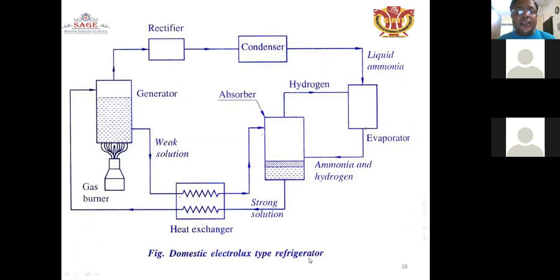There are three scientists who made this system, the Electrolux type of refrigerator, which is used nowadays, in which liquid ammonia passes through the condenser side, along with some amount of ammonia and hydrogen coming from the evaporator.